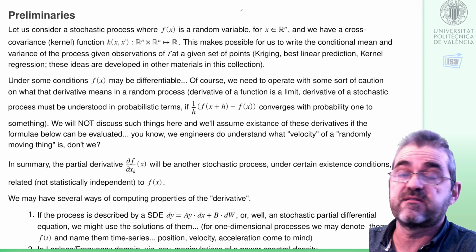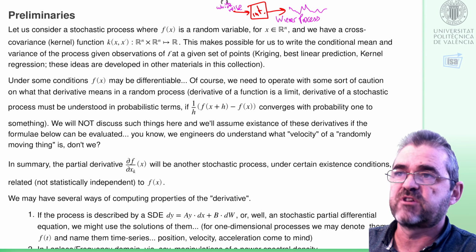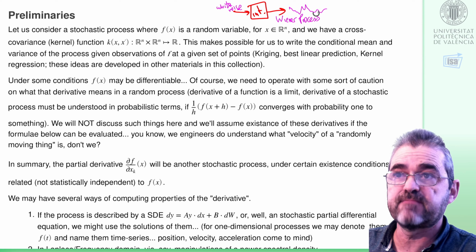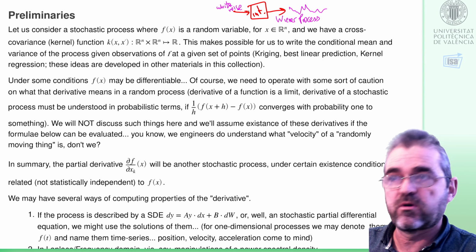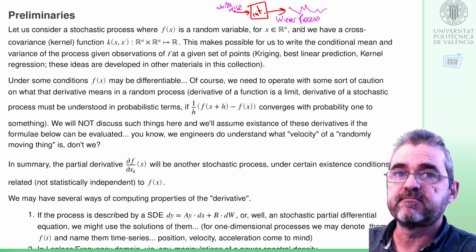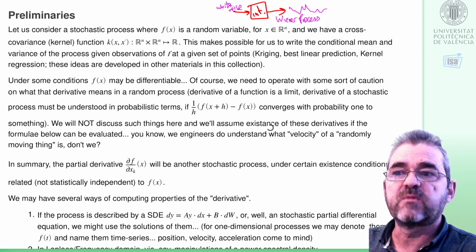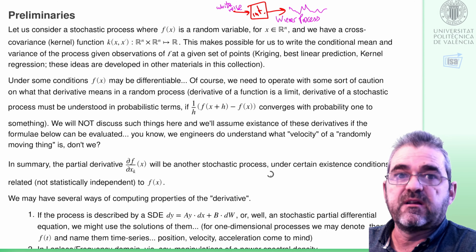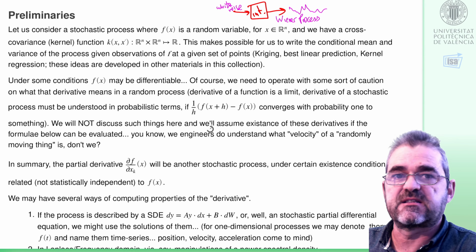But it's true that if I have a linear process, say an integrator, subject to white noise input, then this is not differentiable. So some caution is needed. We'll not discuss those issues and simply say that, if the formulas we are going to write below actually work and give a finite value, then it will be because those derivatives exist.